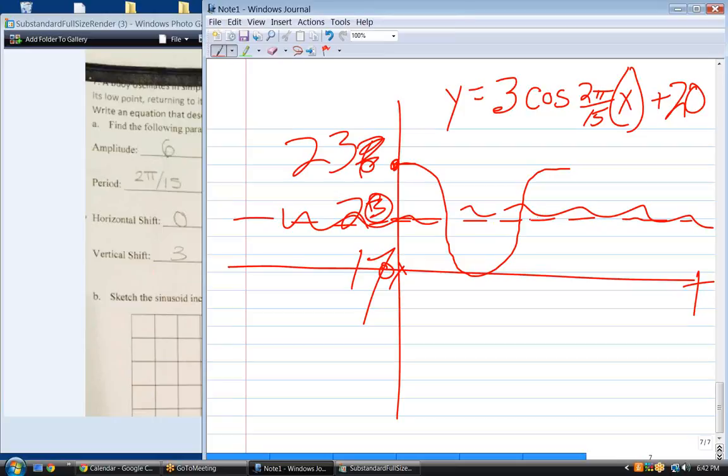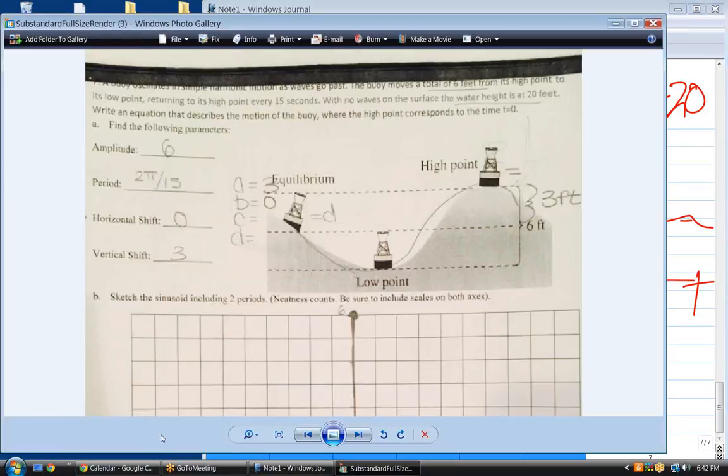When there's no waves, the sea is 20 feet high. So when there's waves, the bottom has to be 3 feet less than 20. So this whole curve needs to be moved up 20 feet to get started. That's where we really should have started. I didn't think this through enough.